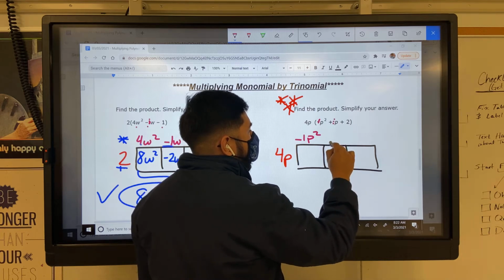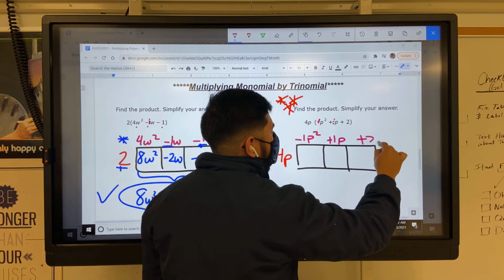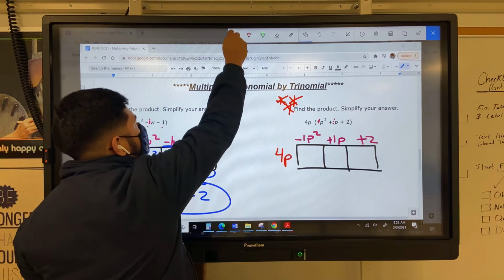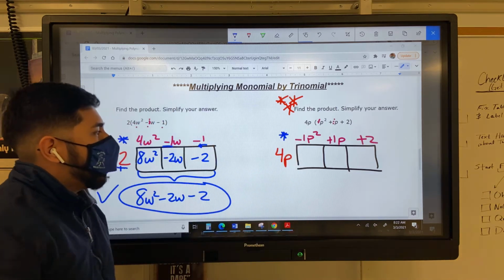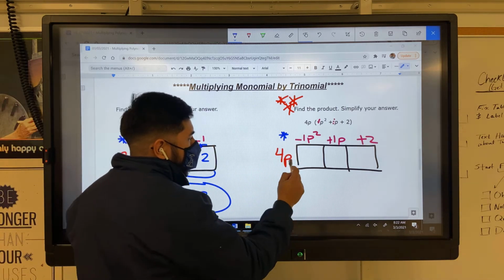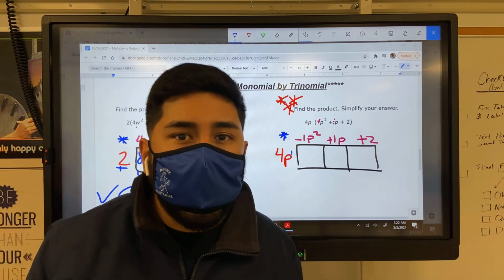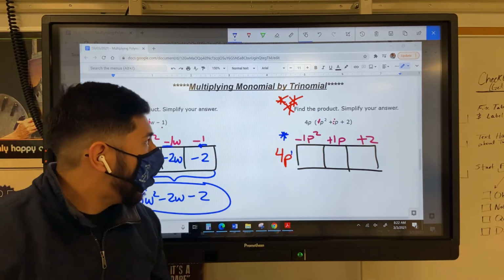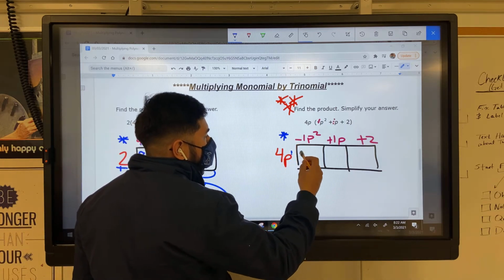So we got positive 1p and a plus 2. And now what are we going to do? Multiply. Don't forget that this p does have an imaginary 1 up top because we have to add the exponents, that's the law of exponents product rule. 4 times negative 1 is negative 4.